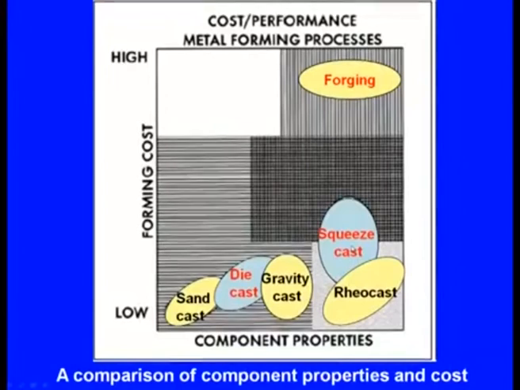But in the case of the squeeze casting, the properties are the same as forging, but the cost of production is almost 1/3 of the cost of production of forging. That way it gives us very good mechanical properties at much lesser cost of production. So, this is the cost and properties comparison of the squeeze casting process.